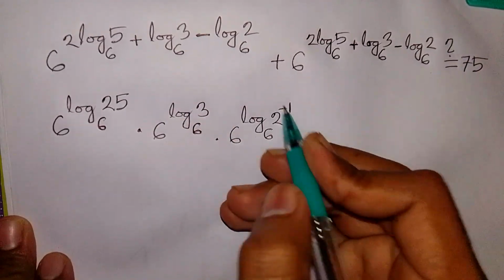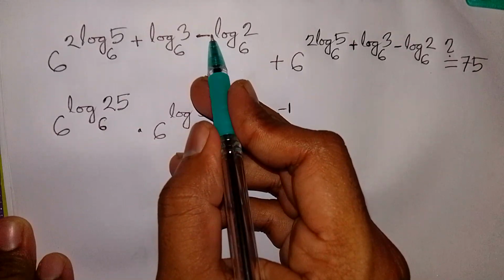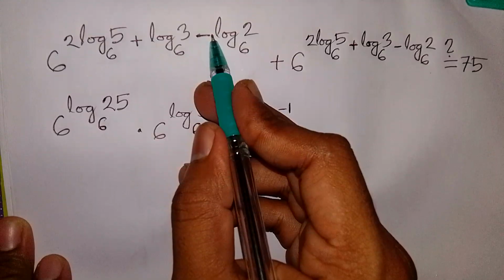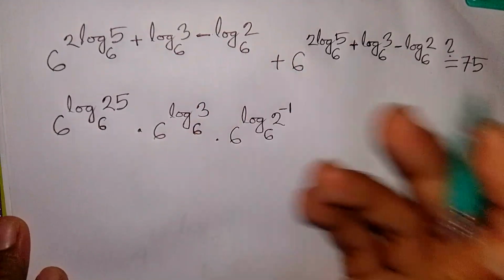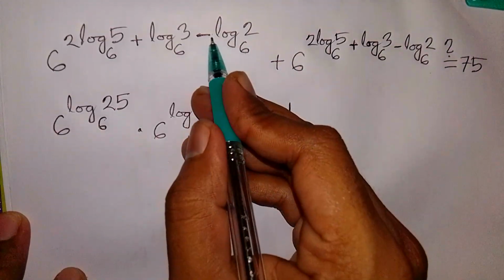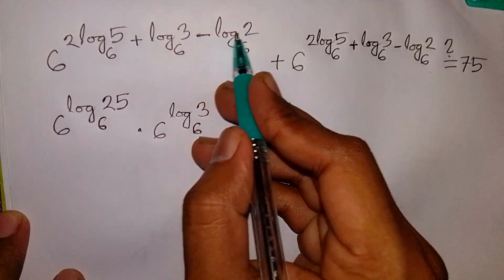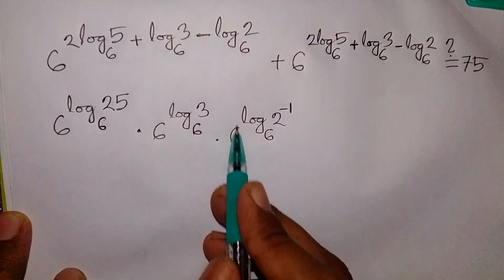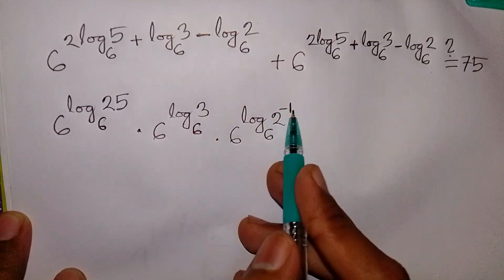That means this negative 1 will move to the power here. So 6 power of log 2 power negative 1 base 6.